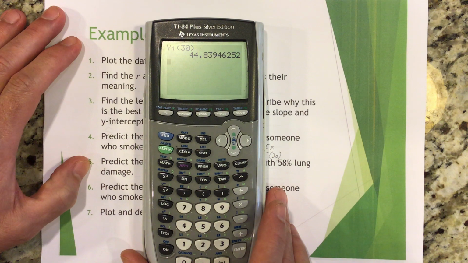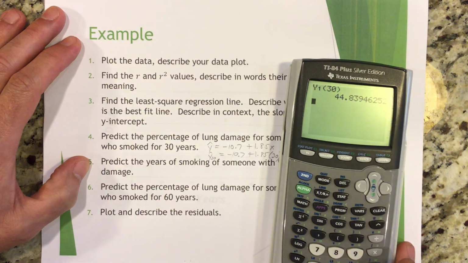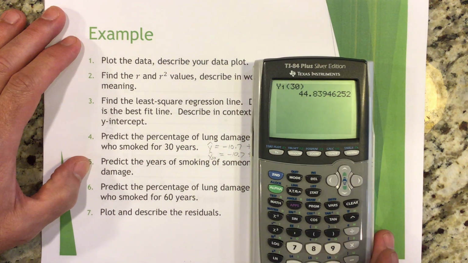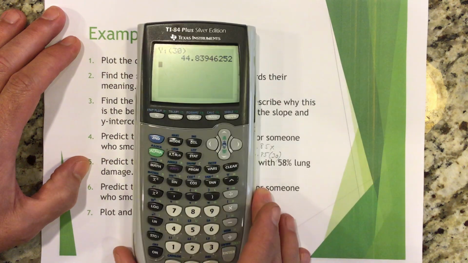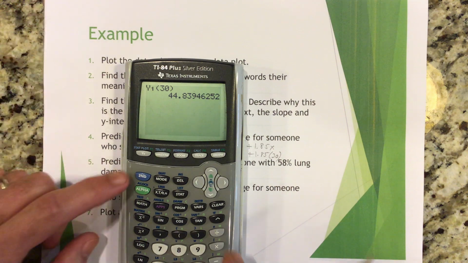Most students are used to algebra 1 and calculus, and they just go, oh yeah, just plug into the y value. Well, in statistics, doing regression, you're never allowed to plug into the y value. You can only plug into your x value, your explanatory variable, never to your response, okay? So let's do this problem again.